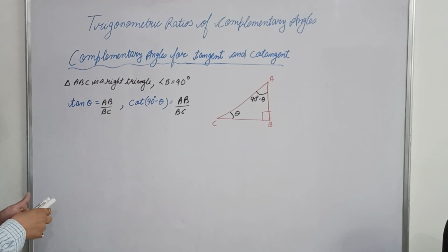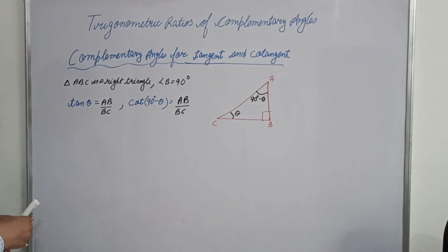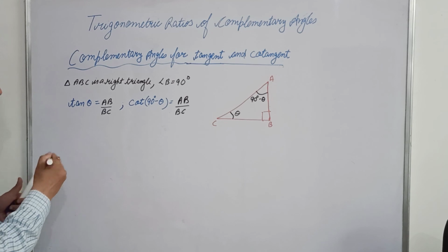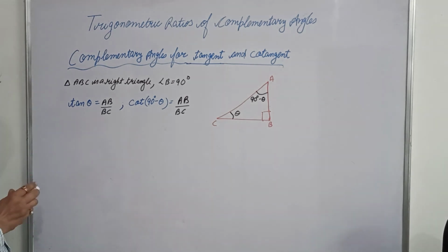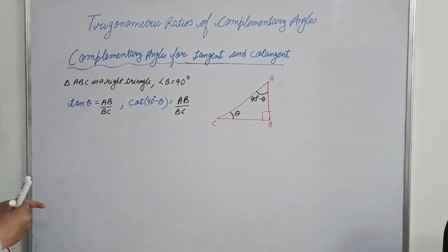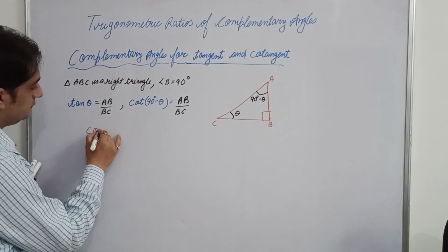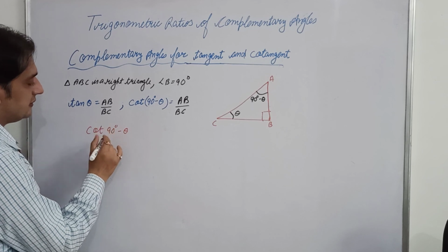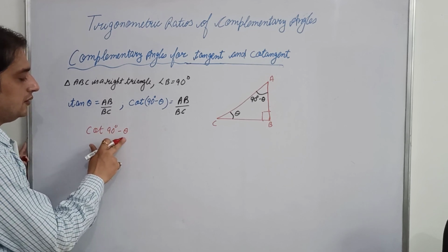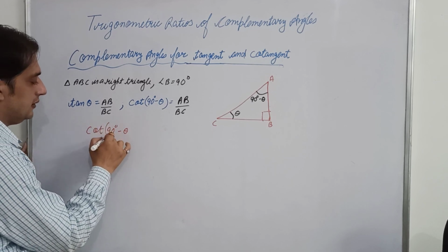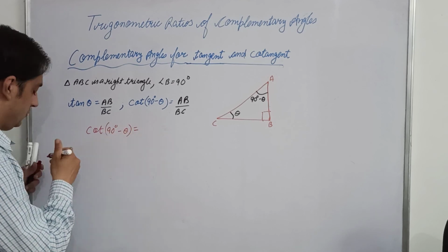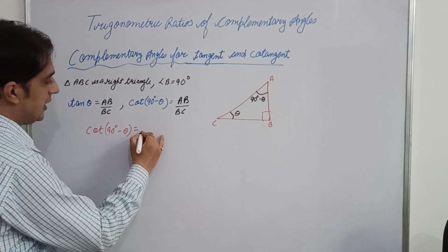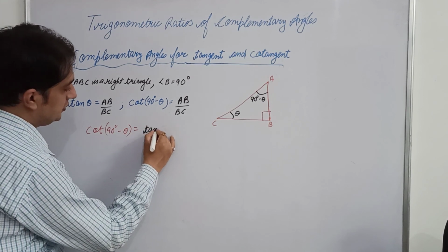Similarly, you can write cot of 90 degrees minus theta, the angle subtracted from 90 degrees, which gives the value of tangent theta.